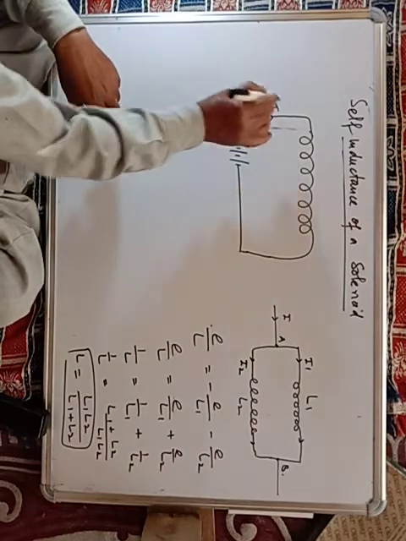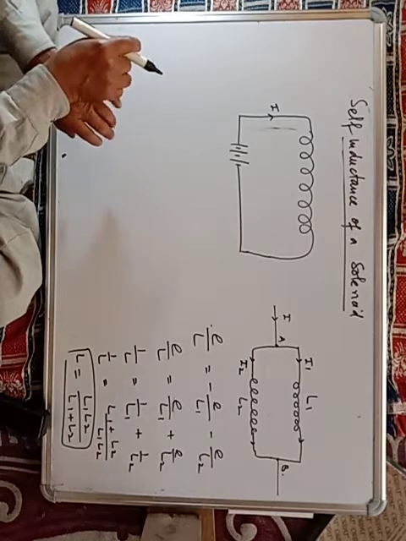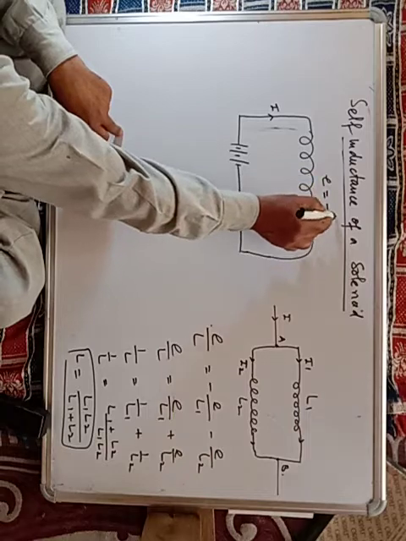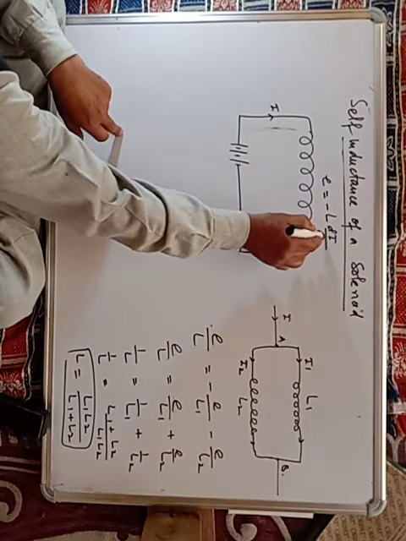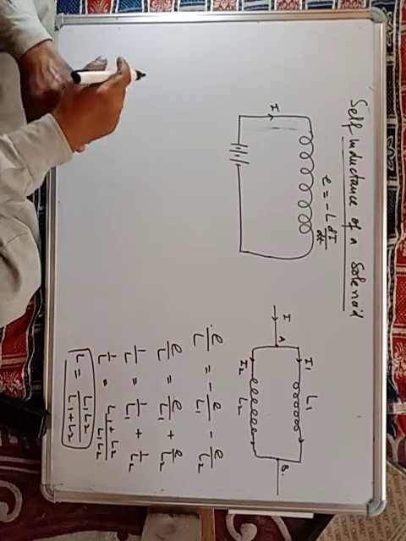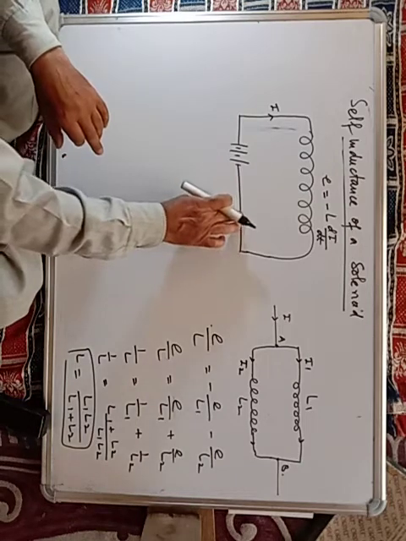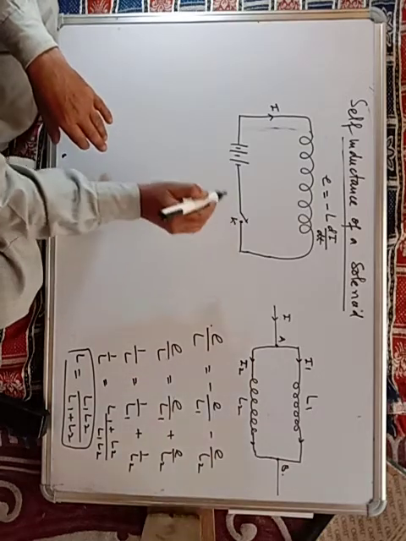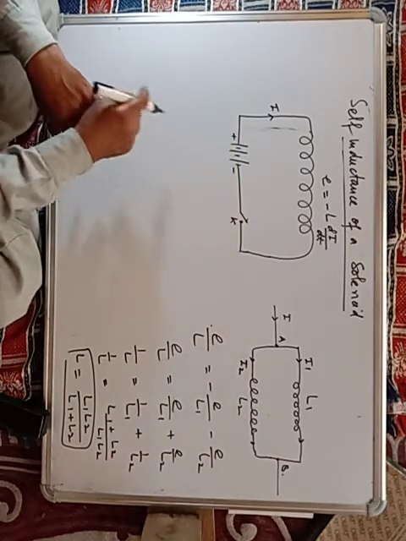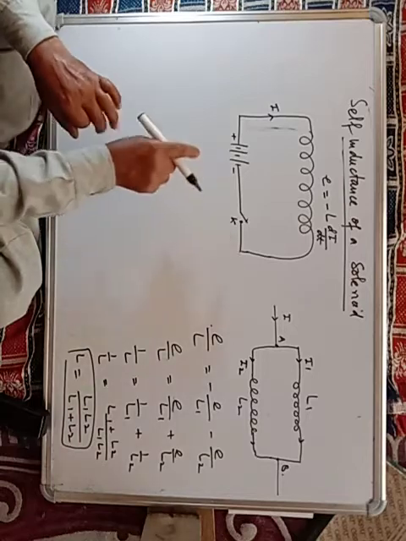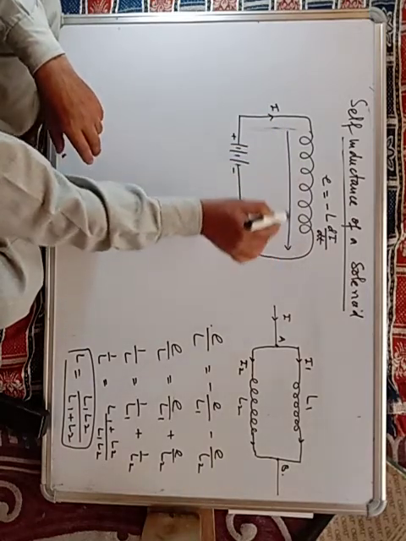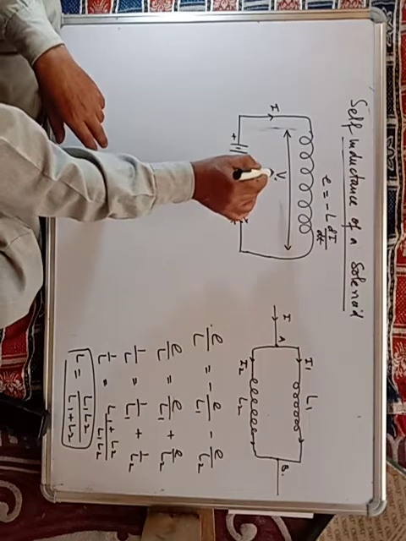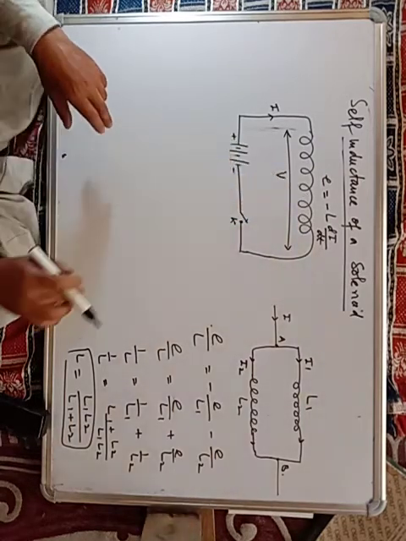Let current that flows through it is equal to I. Induced EMF produced is equal to minus L di divided by dt. और यहाँ पे एक स्विच भी हम डाल देते हैं, that is K, ये माइनस और ये प्लस. This is applied EMF. V is the potential difference, V is equal to the potential difference applied.